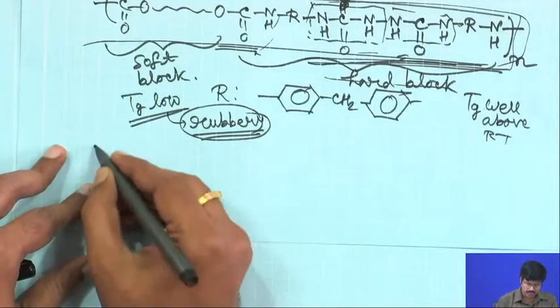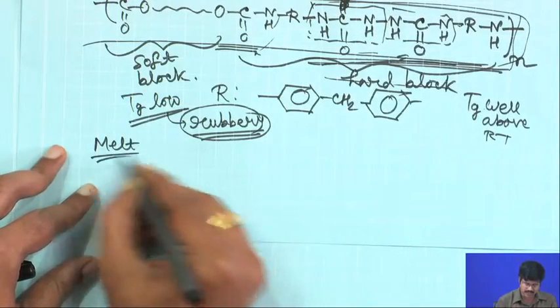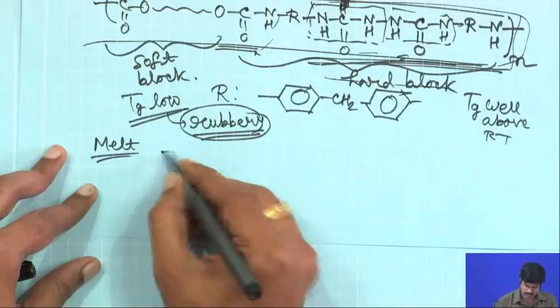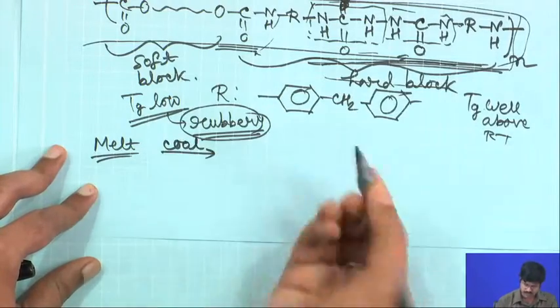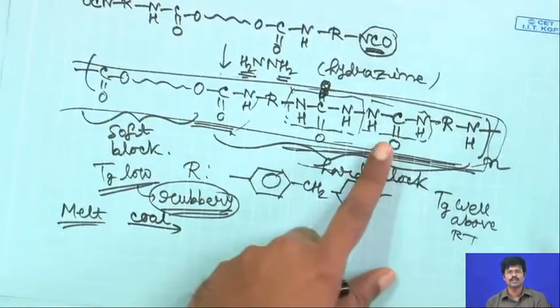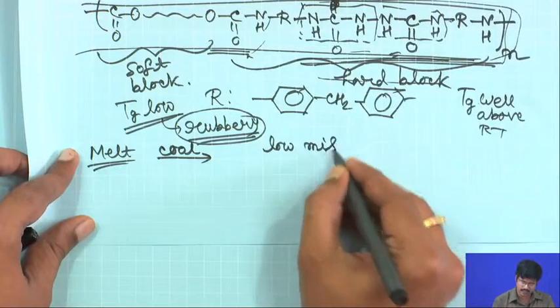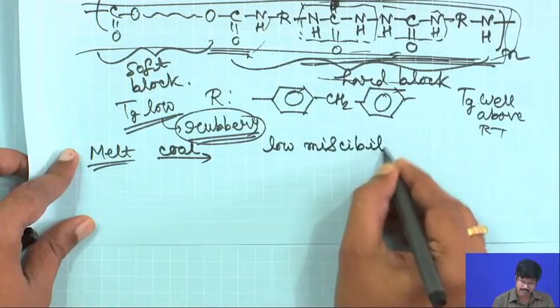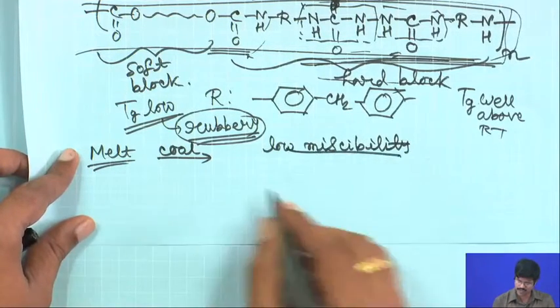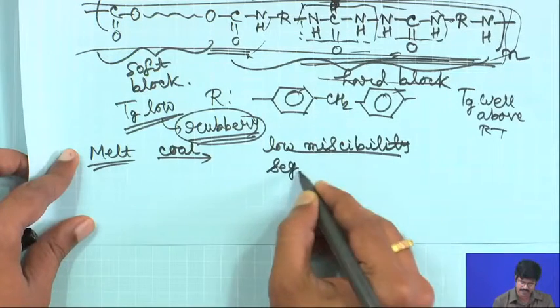So, let us say you have a melt of this material and you cool this down. So, what happens, this hard block and soft block, they do not mix very well. So, they have a low miscibility of hard and soft blocks, that leads to segregation.